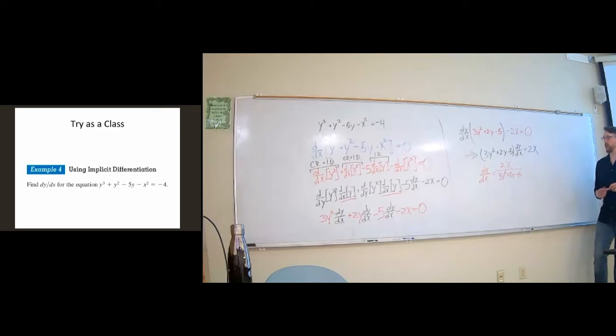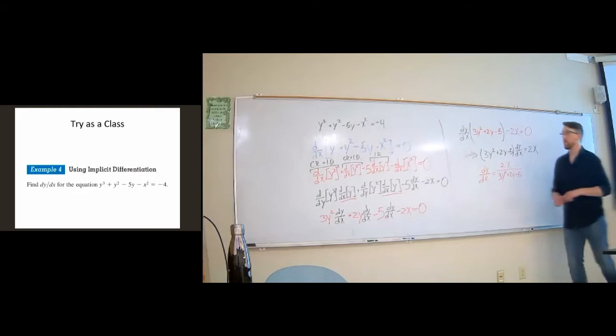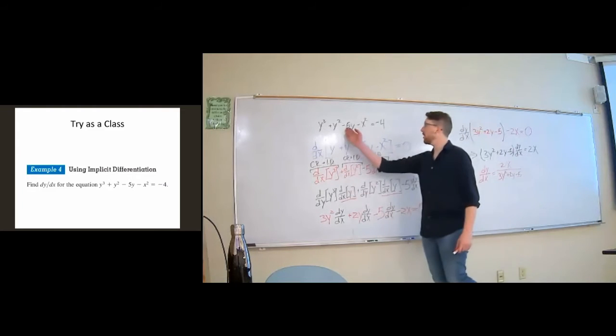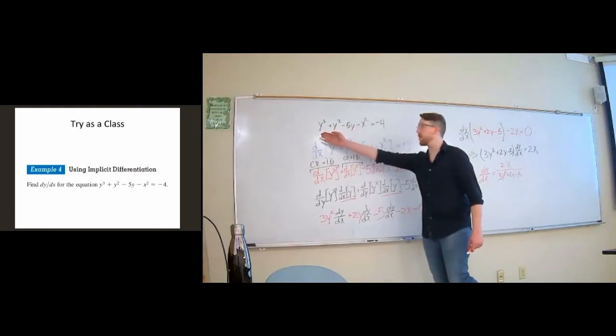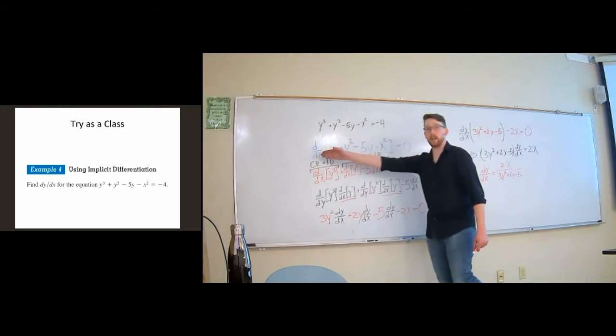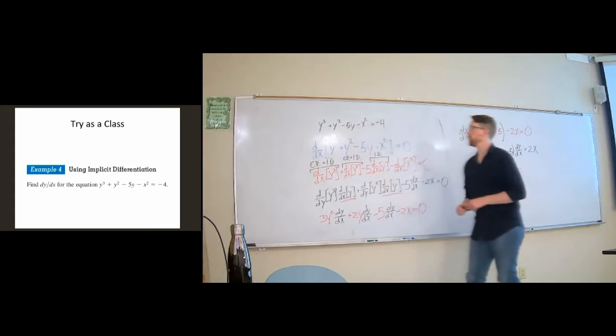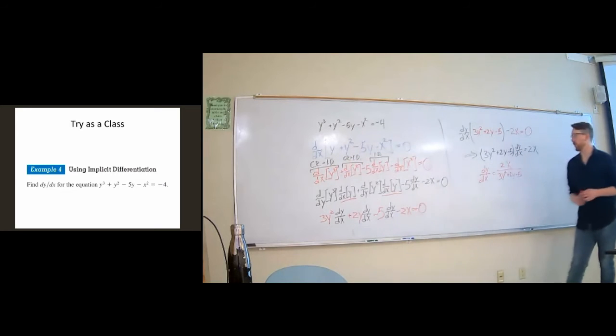Now notice something here. The reason why this is called implicit differentiation is because first, coming back to the original function, there was no easy way of writing this to get just straight up dy/dx. We were going to have to apply chain rule no matter what we did. Okay, that's the first thing.